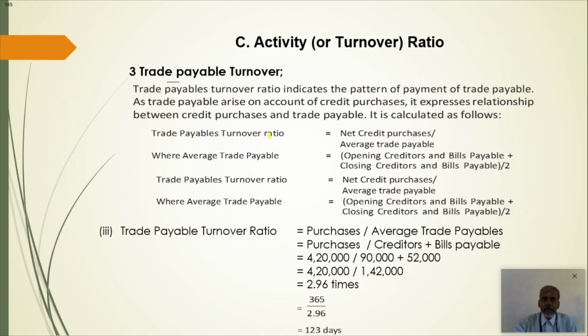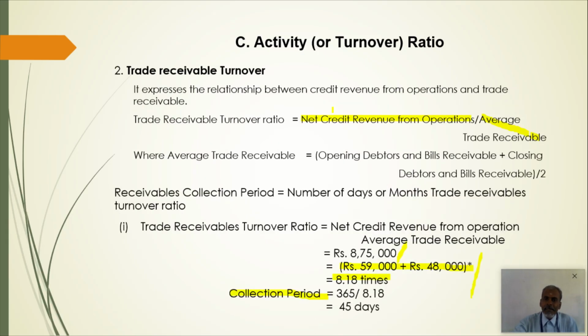It is about trade payables turnover or accounts payable turnover or creditors turnover ratio. You can call it any name. It is an expression with the help of net credit purchases. There it is sales. Here it is sales actually. Net credit revenue from operations is net credit sales.